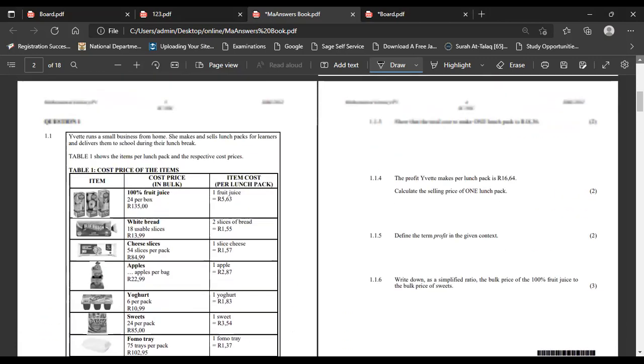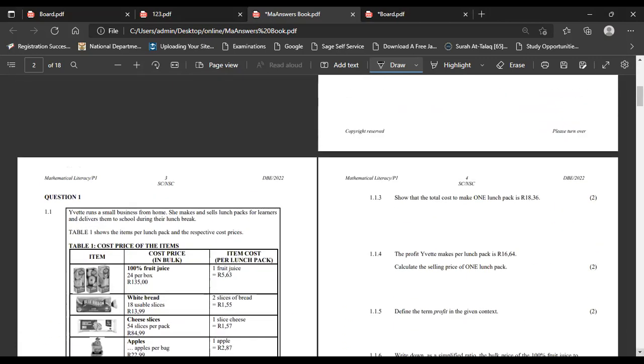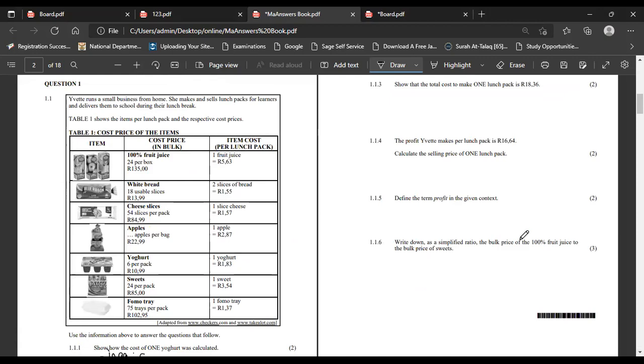All right, let's look at question number 1.1.3, which asks us to show how the total cost to make one lunch pack is 18 rands 36 cents.